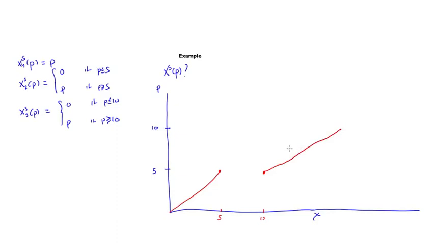So here, the supply is basically given by 2P in this region, whereas in this region it is given by P. Why 2P? Because in that price range between 5 and 10, we have to add these two supply functions for the first two firms.